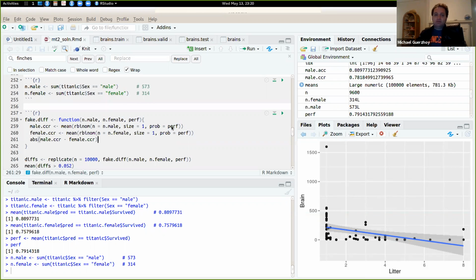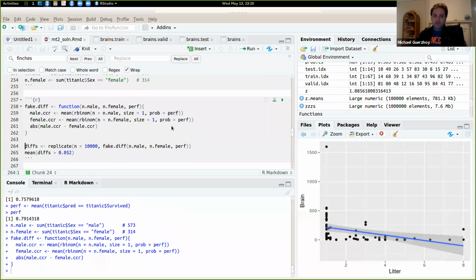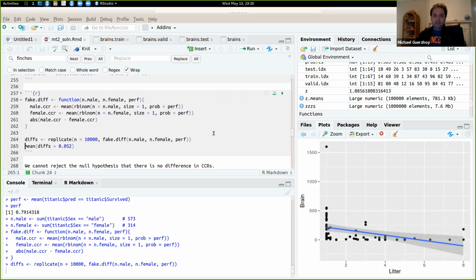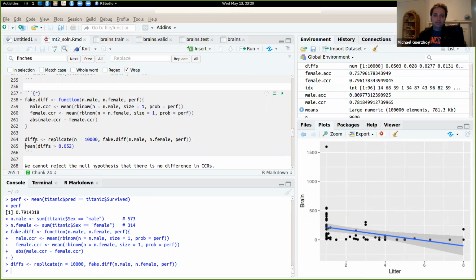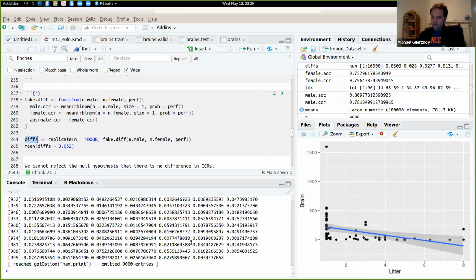And here I'll compute the absolute value of the difference between the male CCR and the female CCR, even though here the probability is exactly the same. Now I'll get 10,000 of those differences. I'm asking how often this difference is greater than 5.2%, which is the difference that I actually observe in the data set.